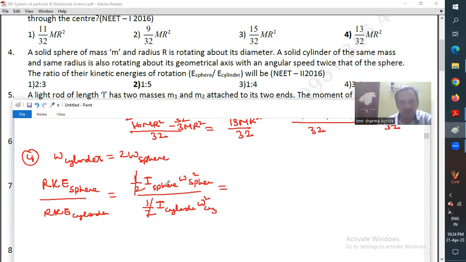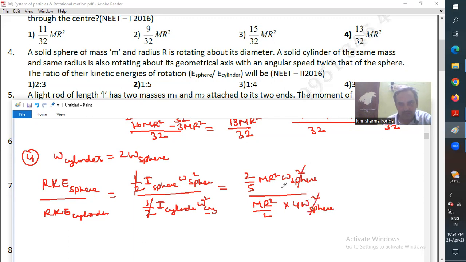The moment of inertia of the sphere about an axis passing through the diameter is 2 by 5 m R square with omega sphere square, whole divided by the cylinder, which is like a disk, m R square by 2, but they mentioned omega cylinder is 2 times, so omega cylinder square will be 4 omega sphere square.